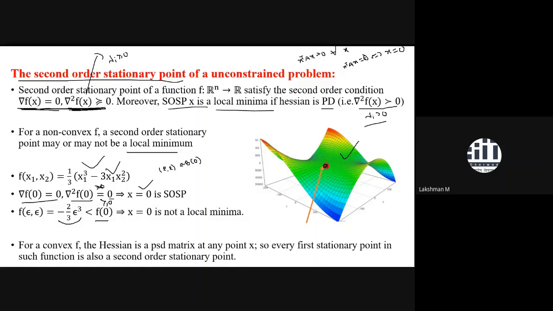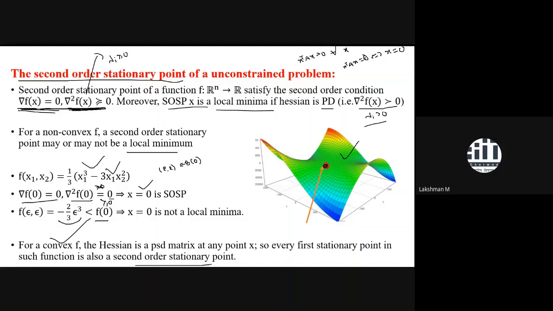For a convex function, the Hessian is always a positive semi-definite matrix at any point. So every first order stationary point of a convex function is also a second order stationary point.